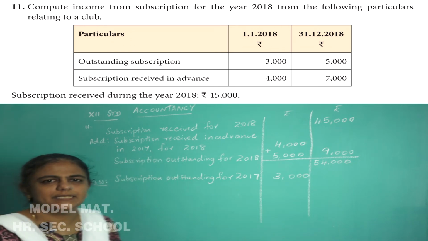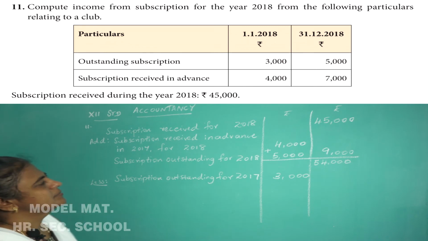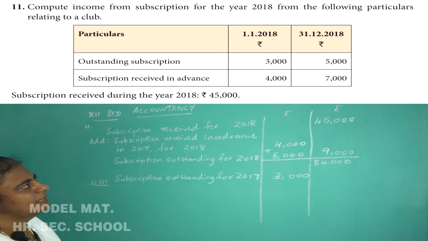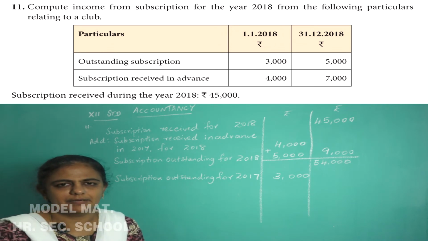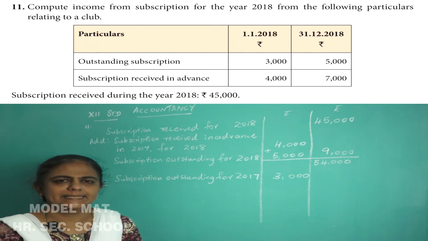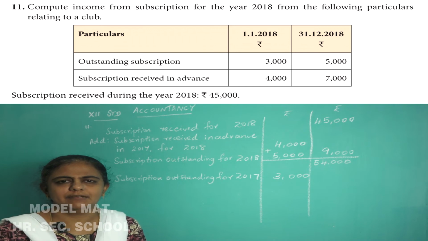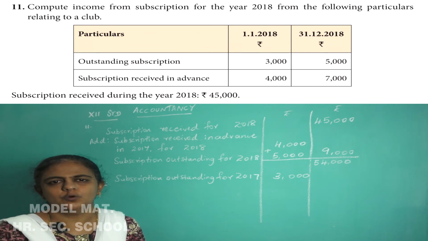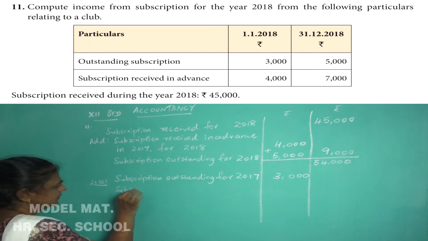Then what is the other thing you have to subtract? See the question. Subscription received in advance at the end of the year. 7,000 rupees received in advance. It means it does not belong to the current year. It is for the subsequent year, next year. Next year's income, now before itself we are receiving in advance. So that also should be subtracted.